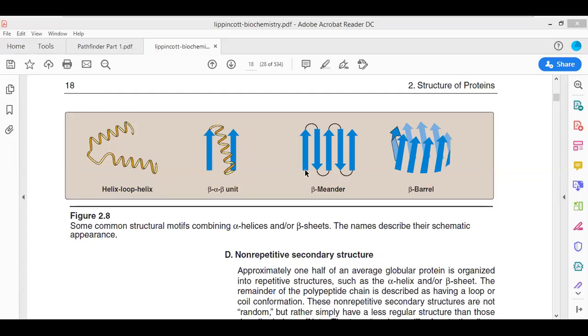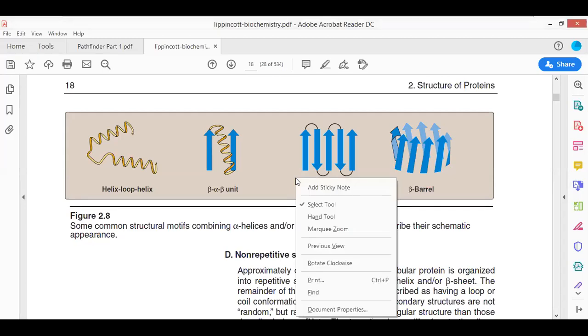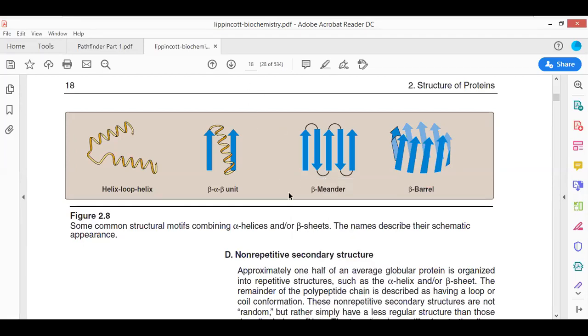Now there could be several different complex super secondary structures. This super secondary structure is referred to as the beta meander. The beta meander reminds one of the ancient Greek pottery design, and then it is referred to as the Greek key. What happens in the case of beta meander?